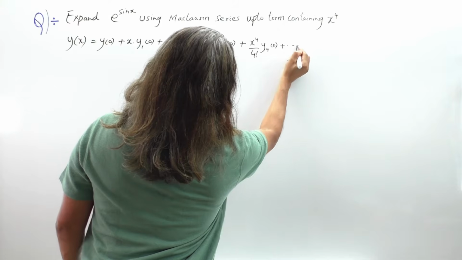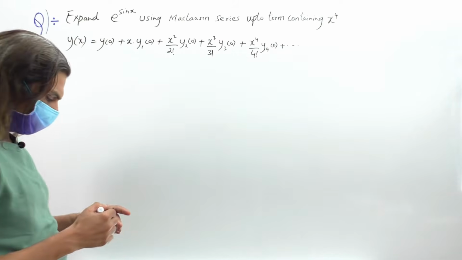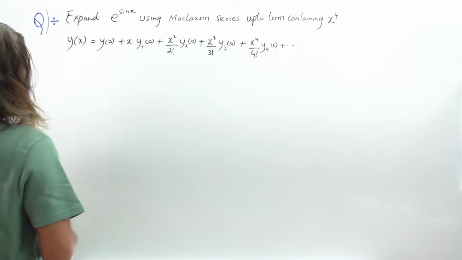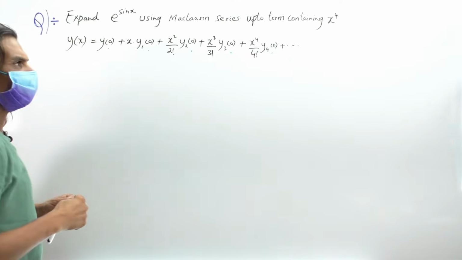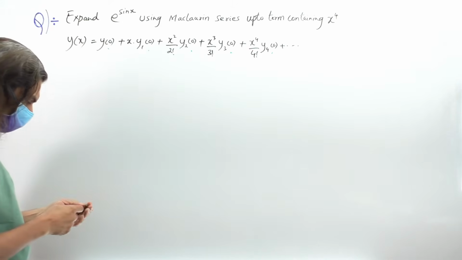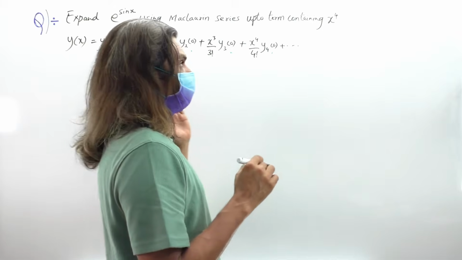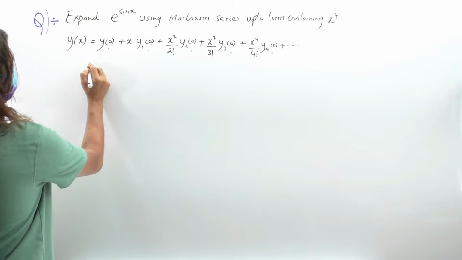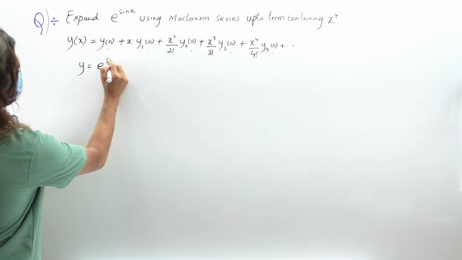Stop, since they are asking you to expand only up to x to 4 terms. Now here we need to solve y0, y1(0), y2, y3 and y4, and put them here. You get the answer. Fine. So let's see how it's solved. First, let's write the question. We have y is equal to e raised to sin x.